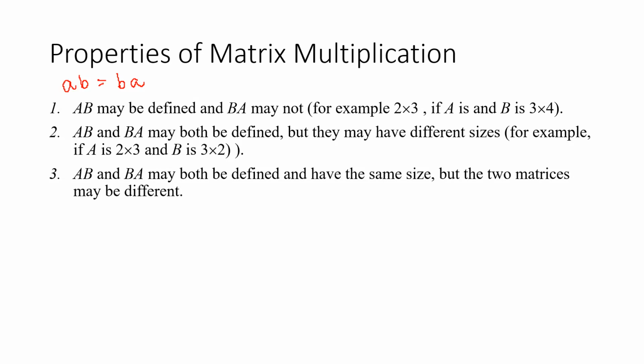The second one, AB and BA may both be defined but have different sizes. For example, if matrix A is 2 by 3 and matrix B is 3 by 2. And third, AB and BA may both be defined and have the same size, but the two matrices may be different.